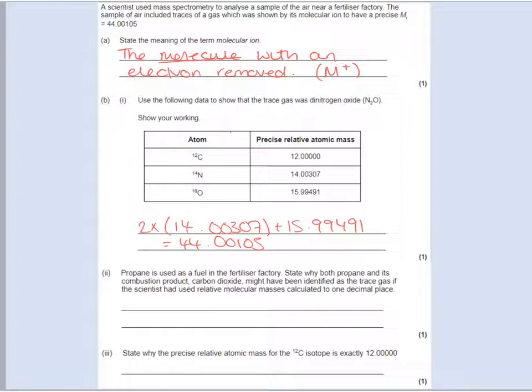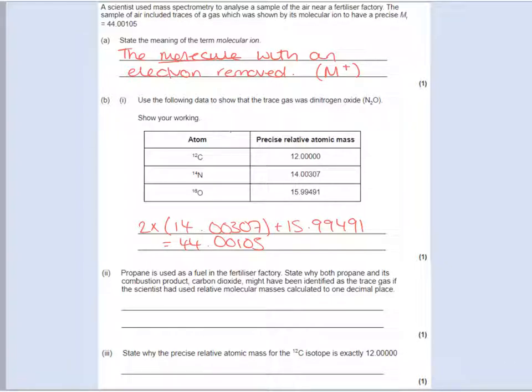Okay, the next part, propane is used as a fuel in the fertiliser factory. State why both propane and its combustion product carbon dioxide might have been identified as the trace gas if the scientist had used relative molecular masses calculated to only 1 decimal place. So this question is highlighting the importance of high-res mass spec compared with standard mass spec and showing why we use it.